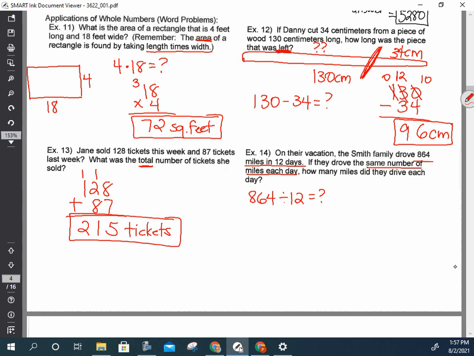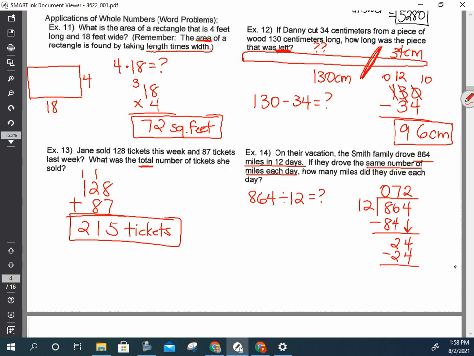So 864 divided by 12. 864 goes inside, 12 goes out. 12 doesn't go into 8, but 12 goes into 86 7 times. So 7 times 12 is 84. 86 minus 84 is 2. 12 goes into 24 2 times. 2 times 12 is 24.